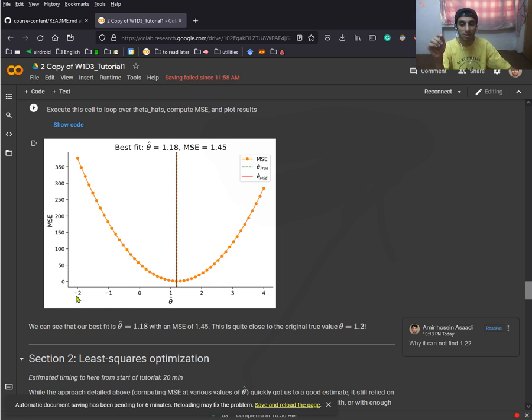For example, they say, okay, let's say theta hat is equal to -2, theta hat is equal to 4, and they calculate MSE for that, and they plotted this figure, and they found some number between 1 and 1.5 has the lowest MSE possible.